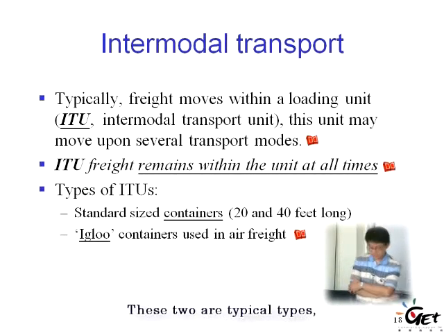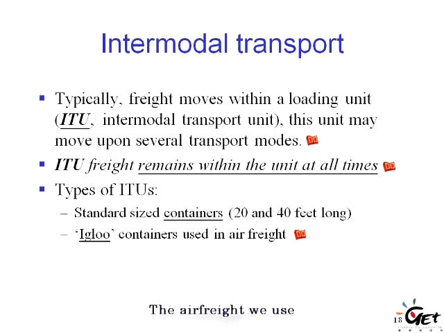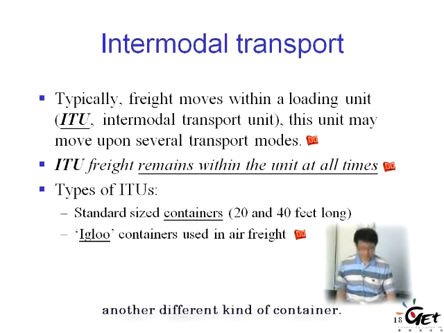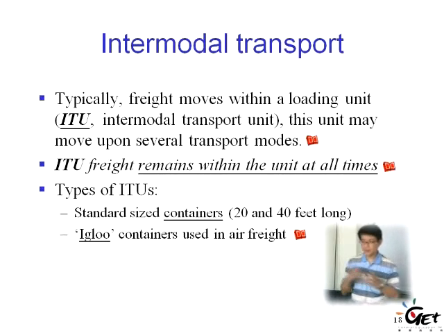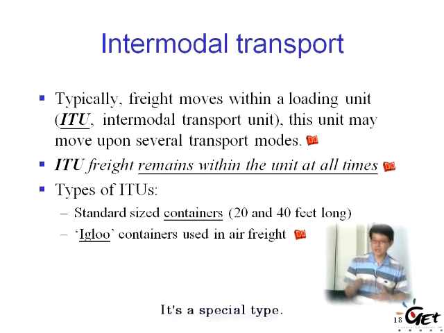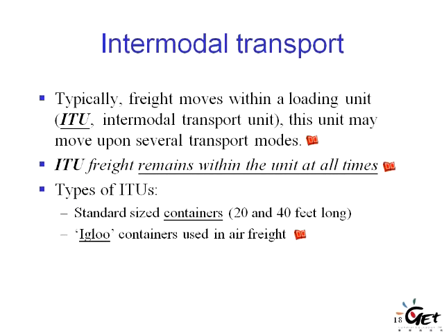These two are very typical sizes. For air freight, we use a different kind of container, right? It's not like a rectangular one. It's a very special type. We call the container for air freight the igloo. This is also an ITU, but it is a different kind of container.